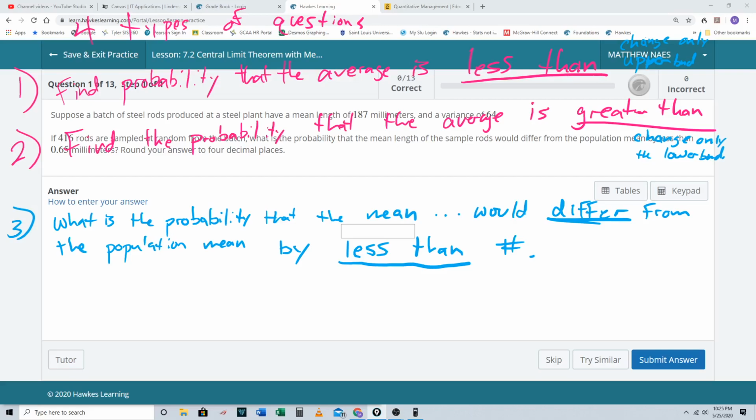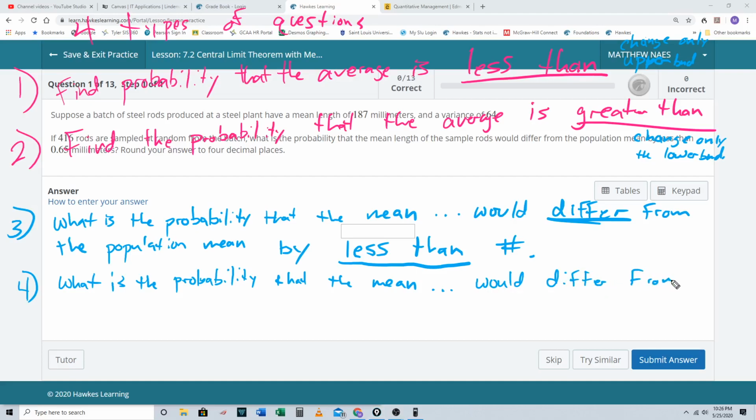The fourth type of question you're going to get is very similar to this. In fact, it's going to look exactly like this, but it's going to say this. Basically the whole thing: what is the probability that the mean, whatever we're looking at, would differ from the population mean by more than some number.